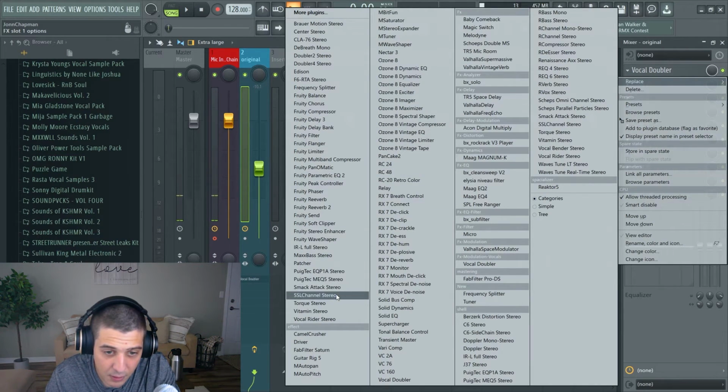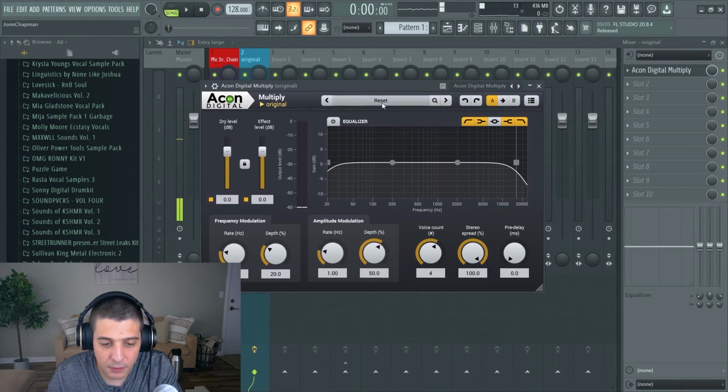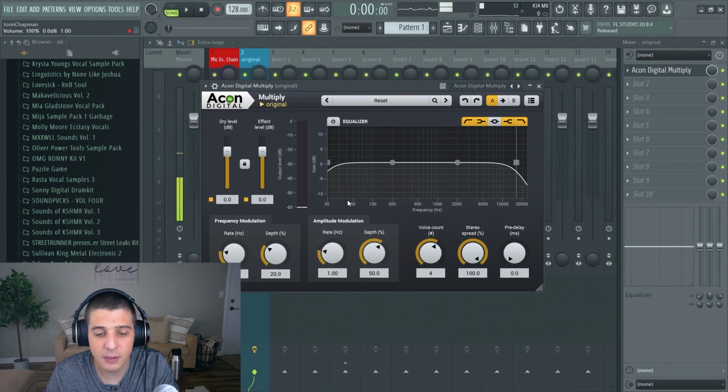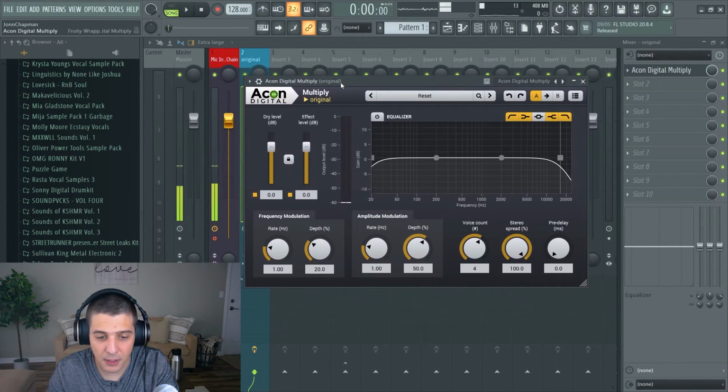So taking a look at another doubler, you're going to notice a completely different interface, but it's basically all the same. Okay. We got an equalizer for the doubles that are coming in. All right. We also have the amount of voices. So this is 4 versus when we were looking at Waves, we just had those 2 engaged. There were still 4 on Waves, but just the amount of voices.